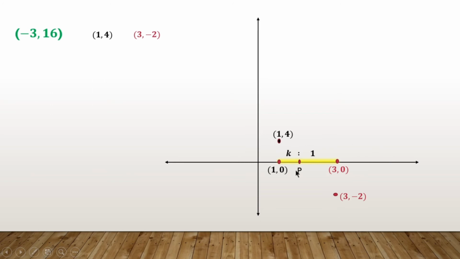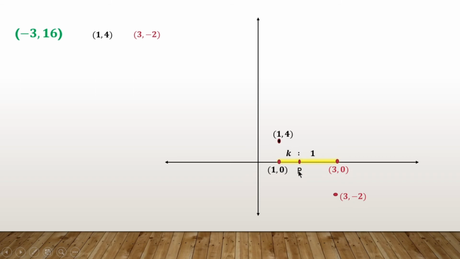So how do we find the coordinate of this point? We have learned through the derivation of the section formula that the coordinate of this point is k over k plus 1 of this line segment plus 1.